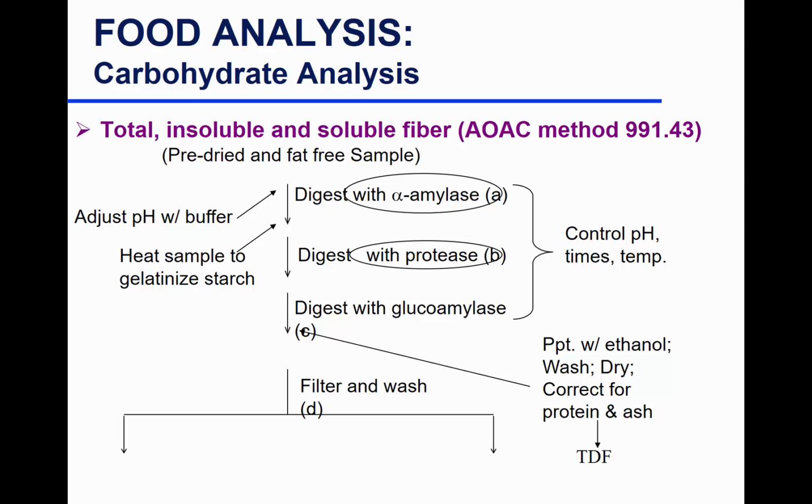Okay. Next. So just to confirm, all these methods are to analyze the type of carbohydrates after we've done the protein, fat, ash and everything like this, and we get our total carbohydrates.